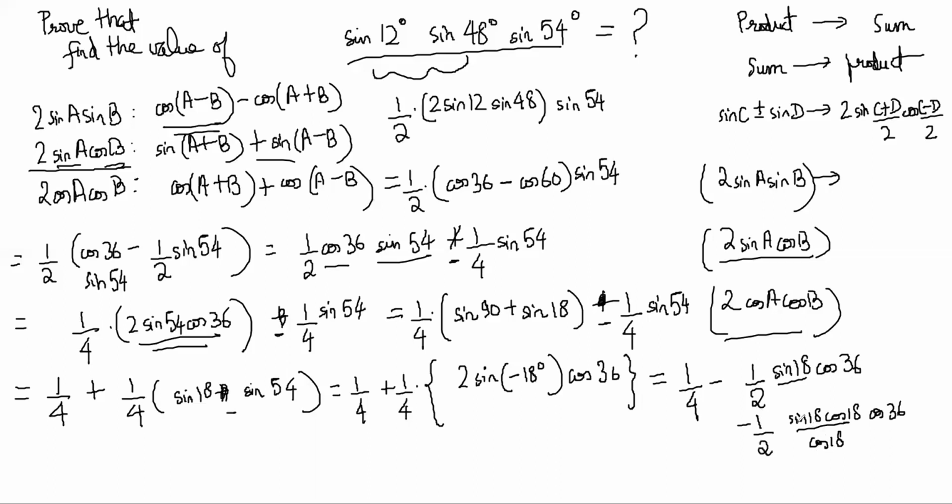If I do cos 18 up and down, this becomes a half sin 36, this part, right? So what I end up getting is 1 by 4 minus 1 by 4 sin 36 cos 36 by cos 18, right? Now this becomes a half sin 72, no?